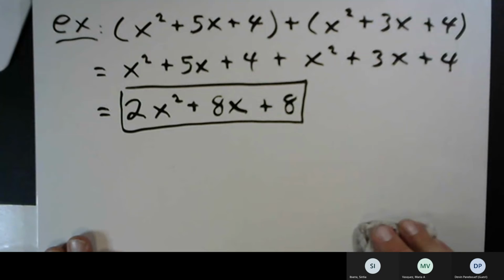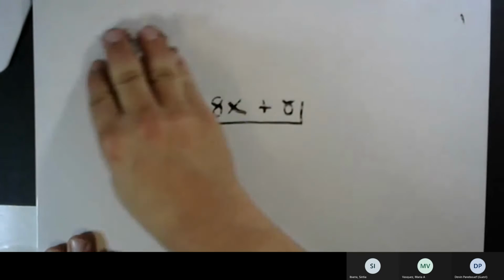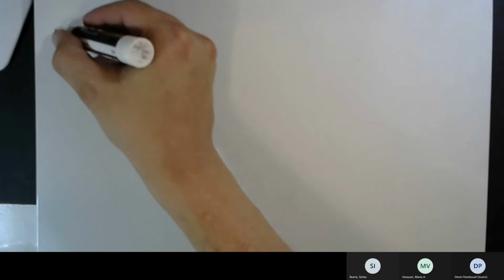Now, this is a situation where we could just drop the parentheses. Let's say it's got a minus sign. Let's say we're subtracting. So let's say we have this.